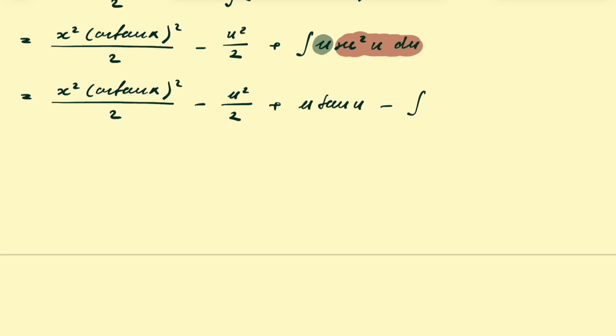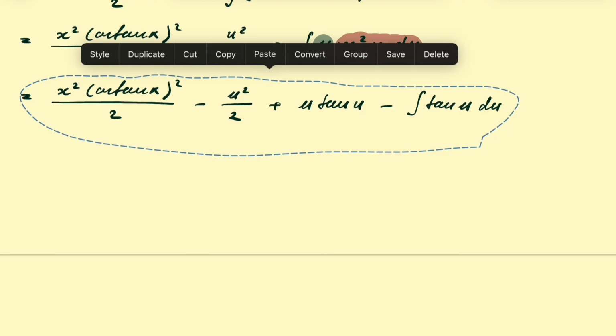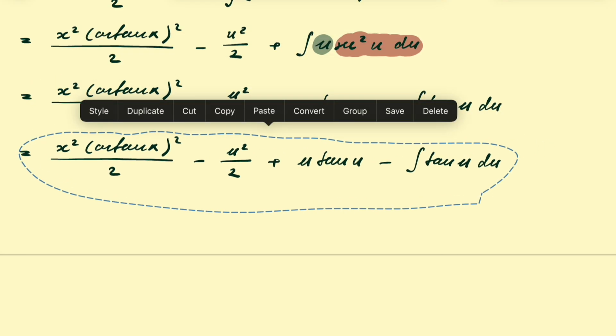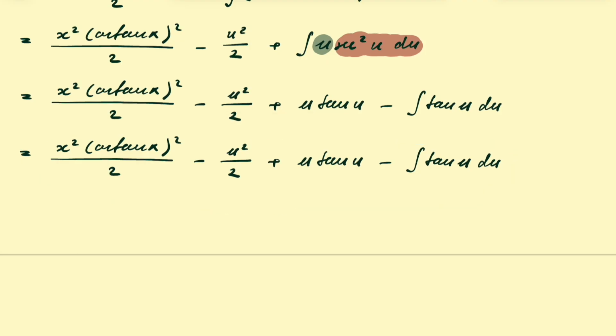Then we subtract the antiderivative, tangent of u, multiplied by the derivative of u, which is 1 times du, just du. Right, I hope everything is clear at this point. Alright, now we are actually done, since the only thing left is to find the integral of tangent of u and replace all u's with x's, since initially our function.